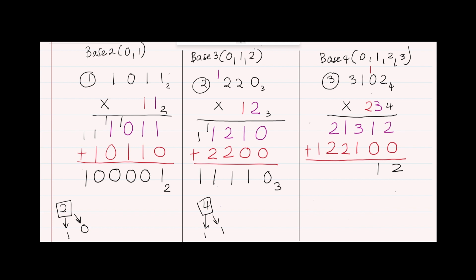And of course, as we said earlier, 4 is a remainder of 0 with 1 set of 4. 2 plus 1, that's going to be 4. Remainder of 0, 1 set of 4. 1 plus 2, that's going to be 5. So we have 5 being 1 set of 4 with a remainder of 1. Leave the remainder behind and carry my 1 set of 4. 1 plus 1, that's going to be 2. So my final answer is going to be 2, 1, 0, 0, 1, 2, base 4.